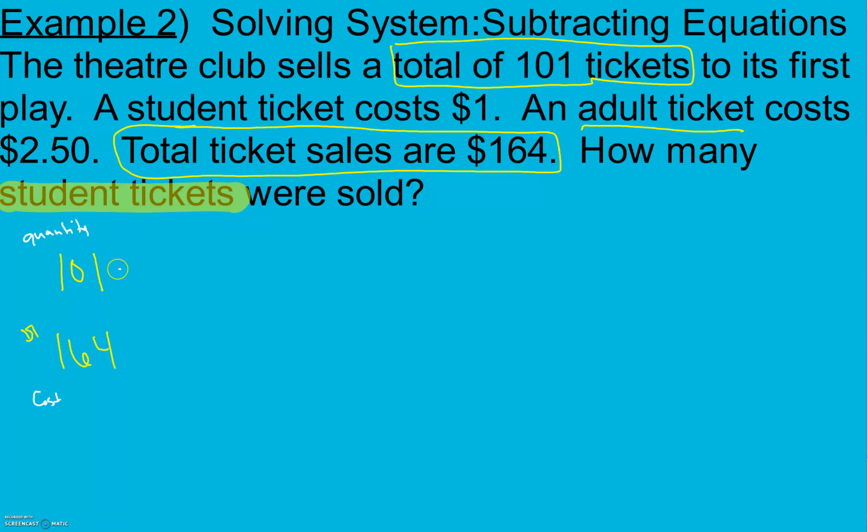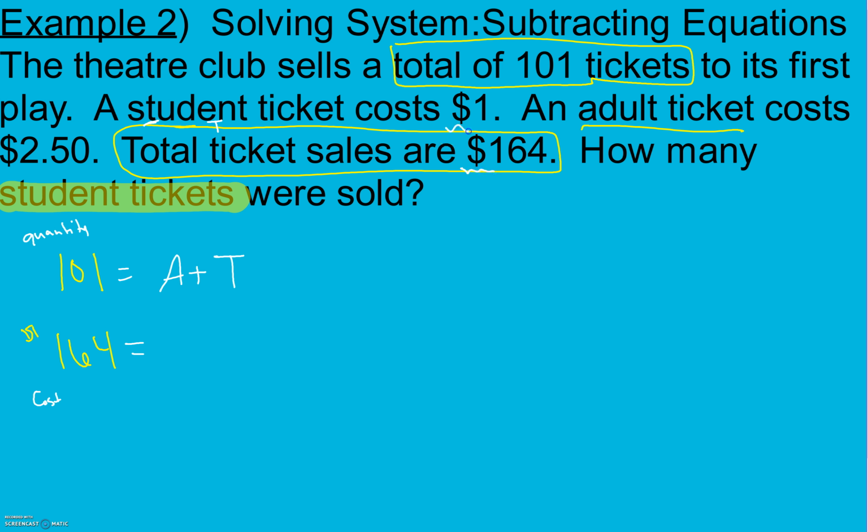When we look at this, as far as the quantity goes, the number of tickets, 101 tickets, the kinds of tickets we had were adult tickets and student tickets. And I'm going to use T for student, because my S's and 5s are too close. As far as our cost goes, we're dealing with money here.